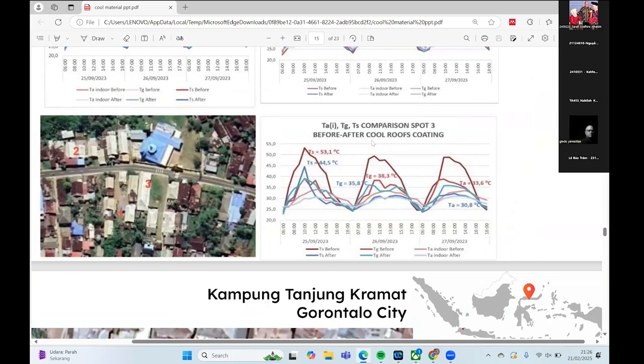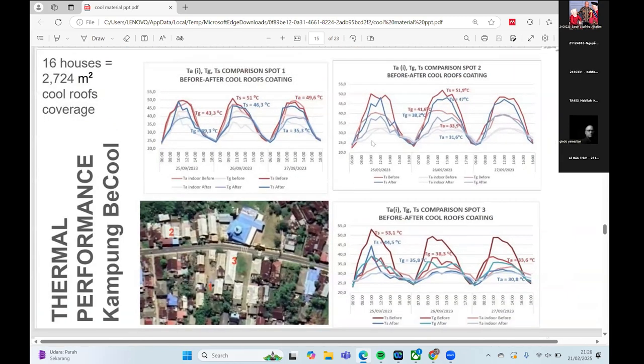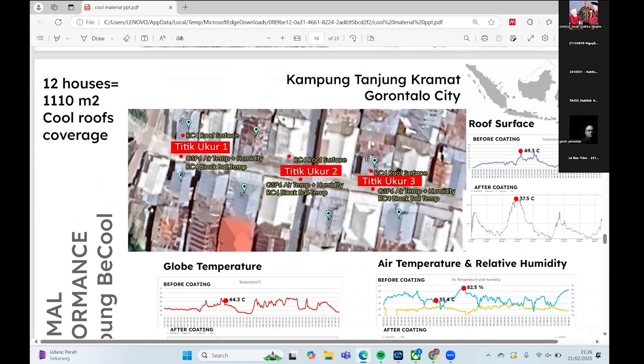We can say that when we use the cool material, the microclimate is much nicer and the indoor temperature is much cooler compared to before. This is another city, Gorontalo, with 12 houses, also showing a significant reduction of the indoor temperature. The humidity level is also decreasing.